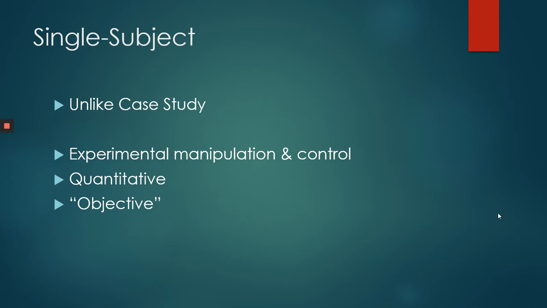I put that in quotes because I think the use of the word objective is perhaps misused, and perhaps there's some academic elitism in its use. But certainly the experimental manipulation and control and the quantitative aspects are the key ingredients to a single subject research design versus a case study.